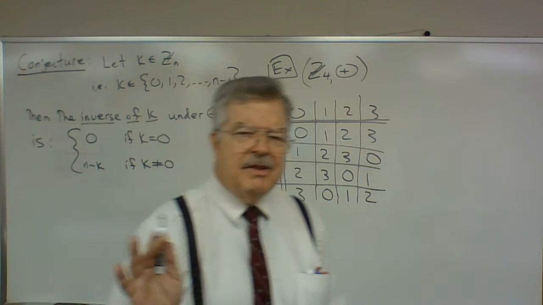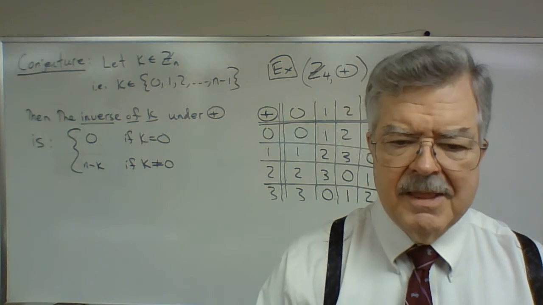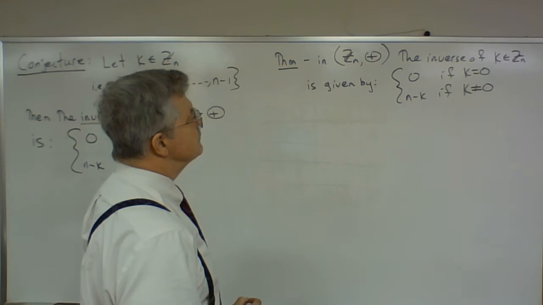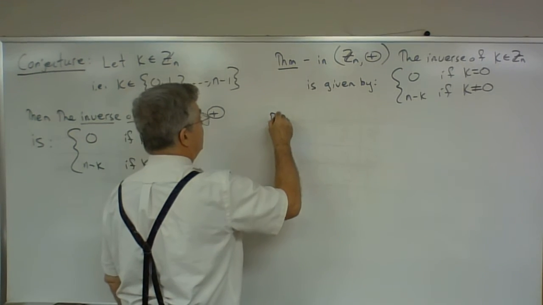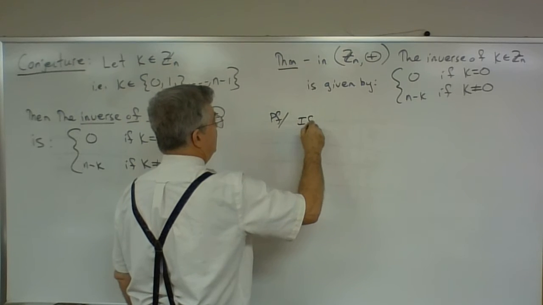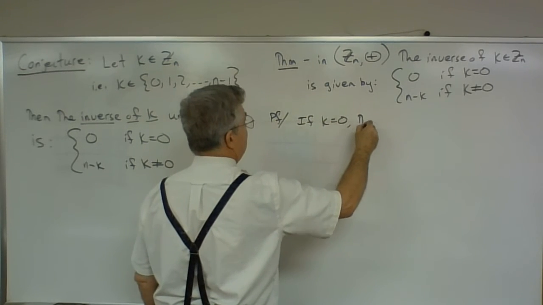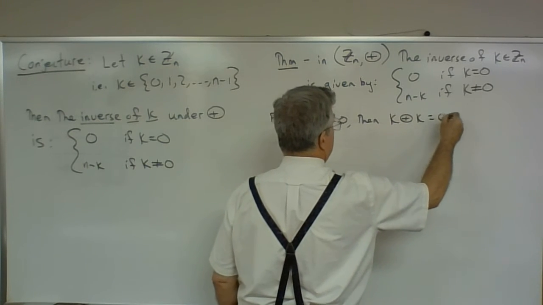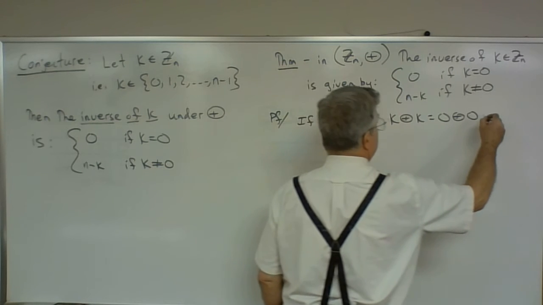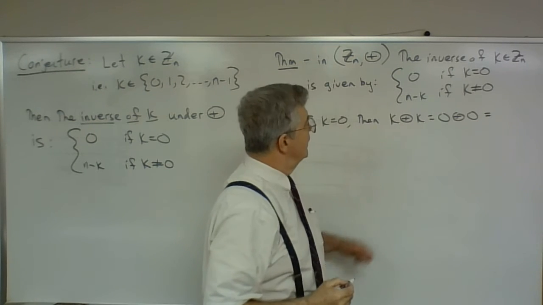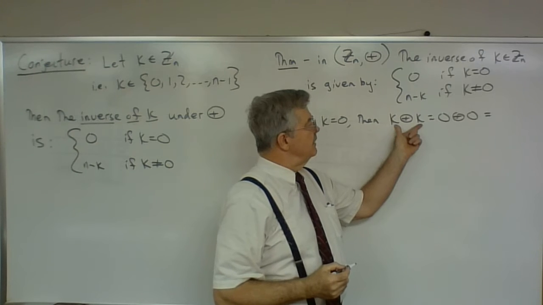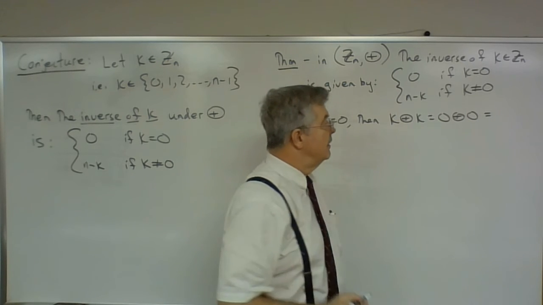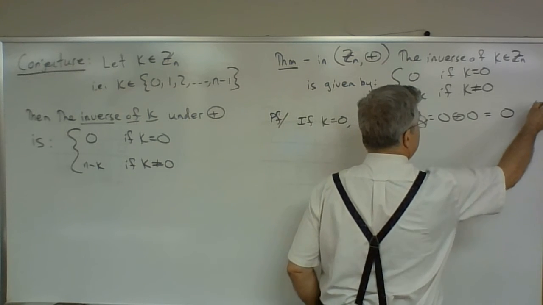And now let's see if we can make that work. I think this is pretty easy to prove. If k is 0, then k plus k is equal to 0 plus 0 mod n, which is going to be 0, the identity.